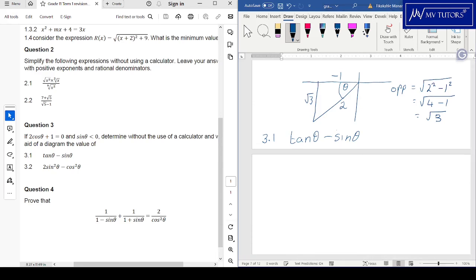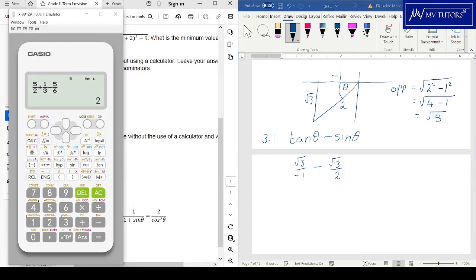We know based on SOHCAHTOA, tan is the opposite, which is square root of 3 over the adjacent, which is -1, and minus sine is the opposite, which is square root of 3 over the hypotenuse, which is 2.